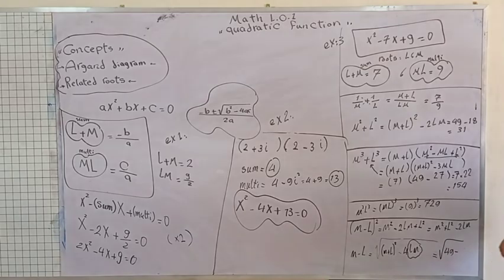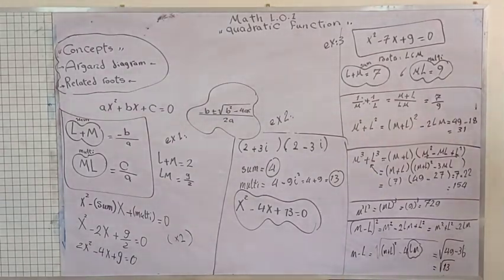Then 4 times 9 equals 36. Finally, we get the final result: 49 minus 36 equals 13. Then the final result of m minus l equals root 13.